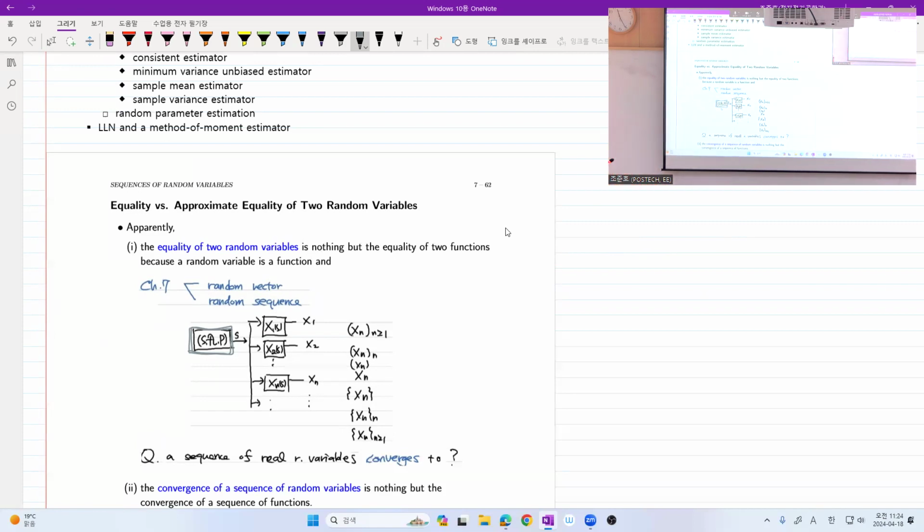So first question, in order to talk about the equality between two random variables, what kind of approach do we need to use? Yeah, we need to use the approach we already studied, equality of two functions. So let's see.